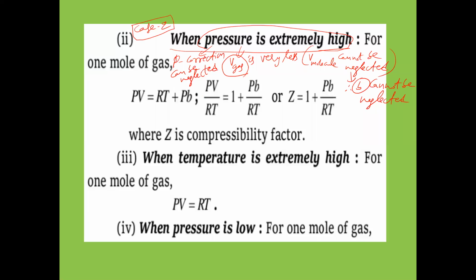So when can we neglect the pressure correction? At extremely high pressure, in comparison to very high pressure of the gas, pressure correction can be neglected. So what can be neglected here? a n square by V square can be neglected.